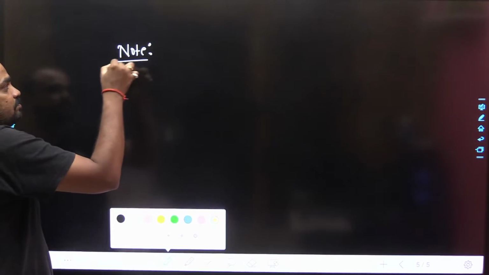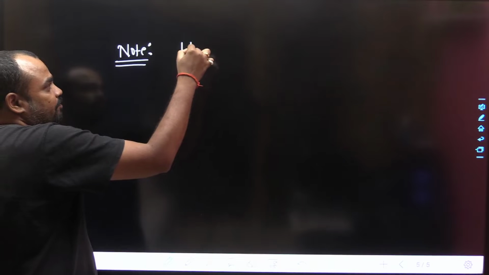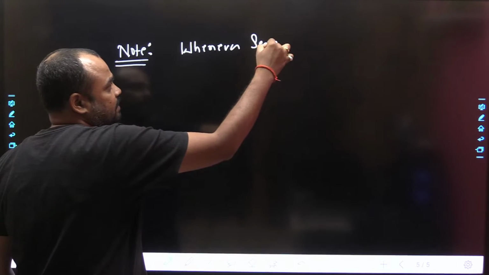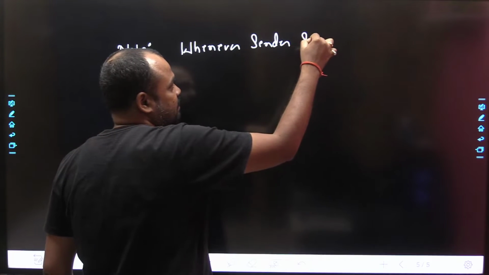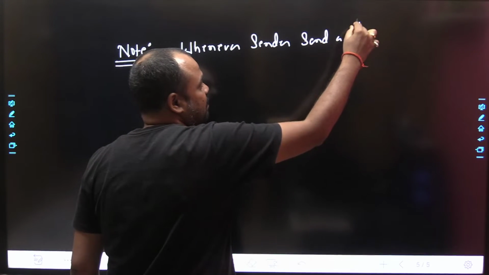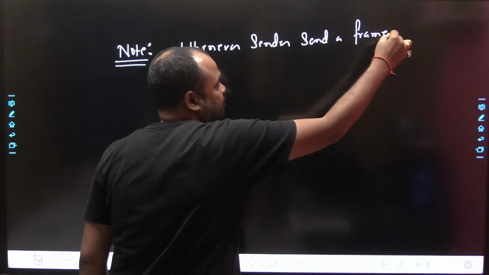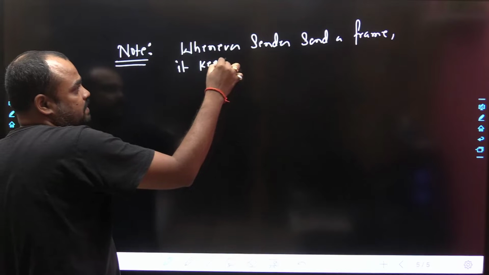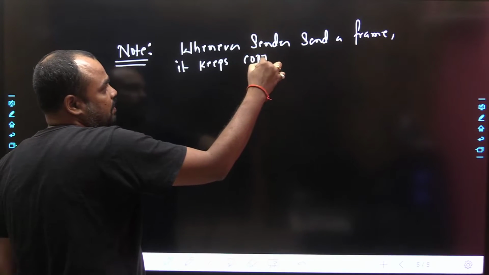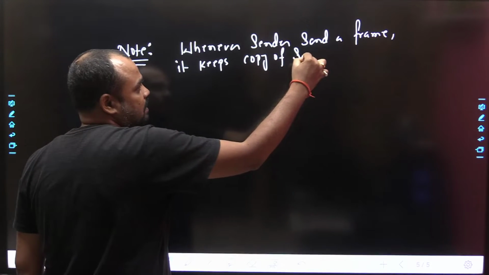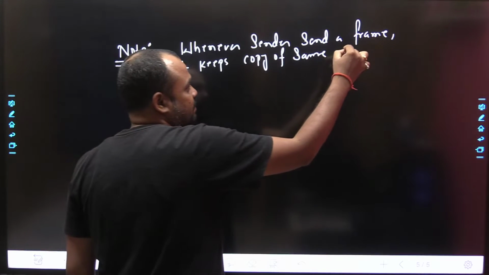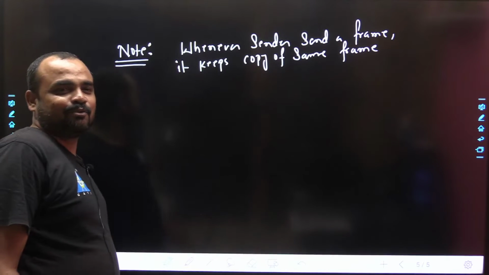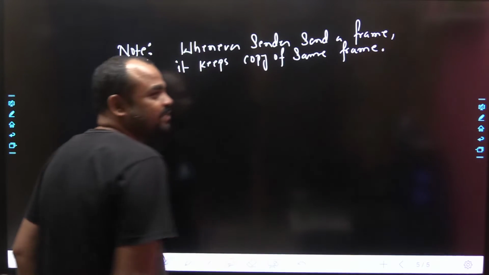Okay, so whenever the sender sends a frame, it keeps a copy of the same frame. Why does the sender keep a copy of the same frame?